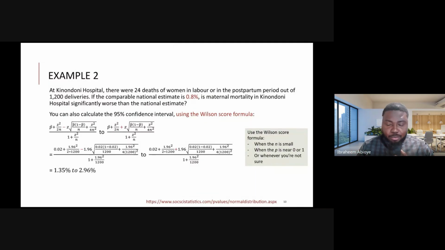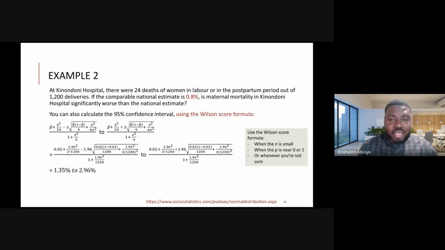If you have a proportion that is near 0 or 1, i.e. maybe 0.8%, 0.5%, and 0.8% is 0.008, right? And 0.5% is 0.005, or 95% is 0.95, all of which are also extreme proportions. Then you don't actually have to do the Wald first. You can immediately know that you should be using the Wilson score formula.